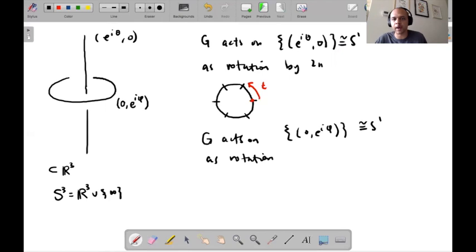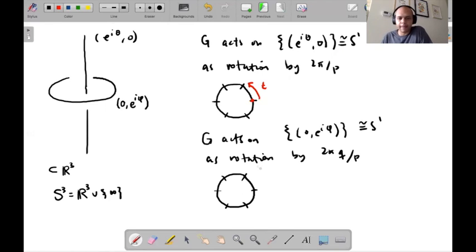Rotation by 2π over p, and this is a rotation by 2πq over p. So in our example, we took q to be 5. So here the picture is, this point gets sent all the way around to this point. Or you can think about it as a rotation clockwise by 1 tick.